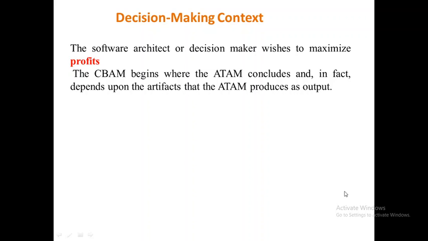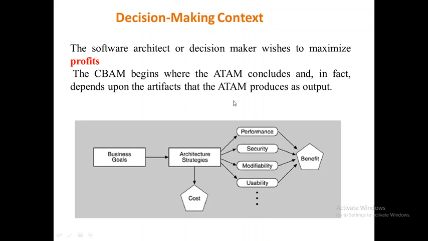What is the cost? What is the benefit? So CBAM begins where ATAM concludes, and in fact it depends upon the artifacts that ATAM produces as output. CBAM is a continuation of ATAM.